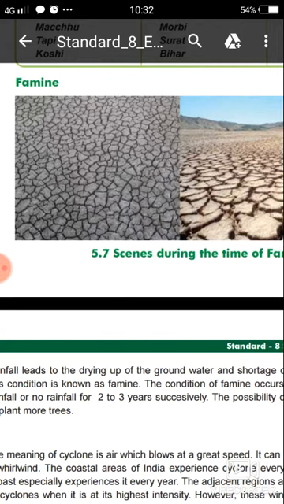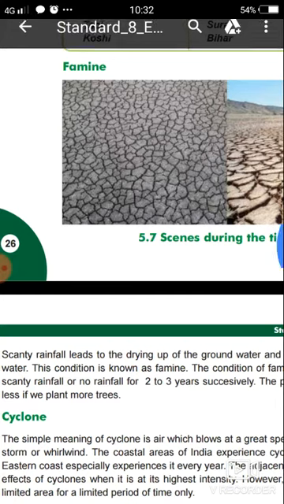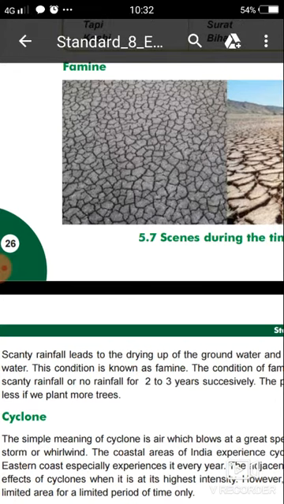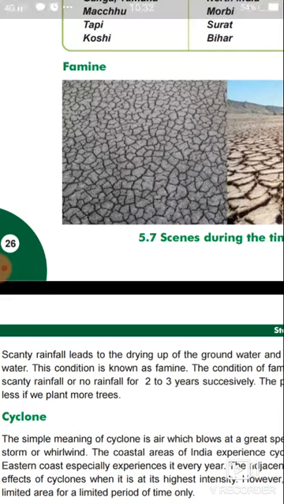What is the effect? Almost every one of us is affected by famine. To a farmer, it causes heavy loss of crops, lack of water and water to feed the animals. Results in low agricultural production with increased prices of food grains. Poor people can't afford to purchase them and hence they are the worst affected.